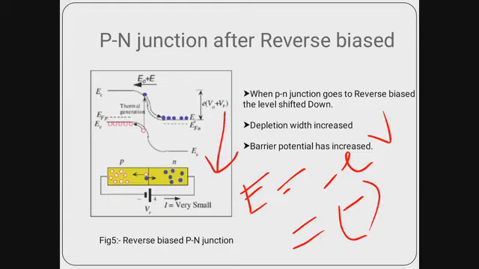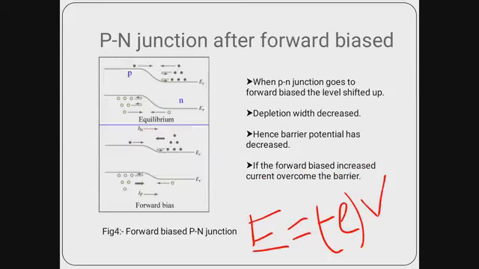That is why it is called the reverse biased junction, and hence what will happen? The barrier potential is increased, the slope is increased, and the width of the layer is also increased as compared to this previous one. Here the width is very small if we compare these two structures.